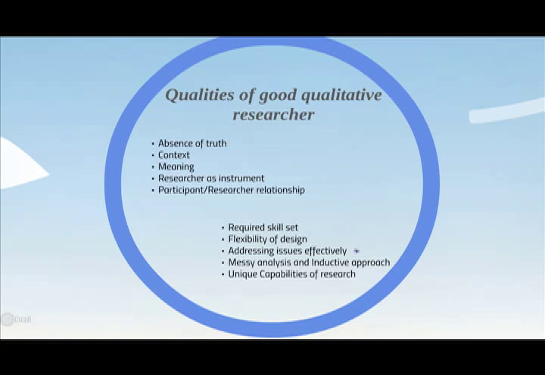We're going to talk more about this when we talk about concept mapping and mind mapping. Unique capabilities of research. This is more of a recent and modern approach. This is using online or mobile type research. This will give the researcher more control, more flexibility, and better convenience. It'll give you greater depth and detail to the questions that you're going to be asked.